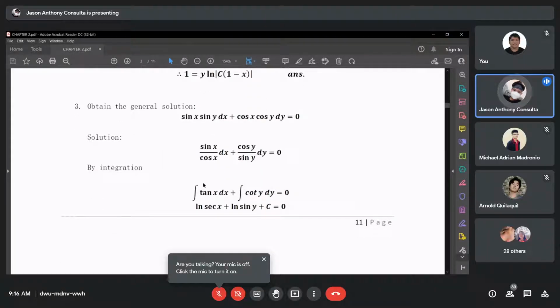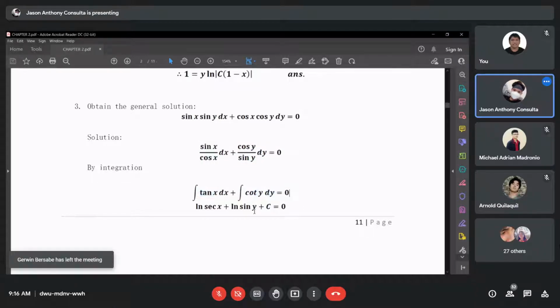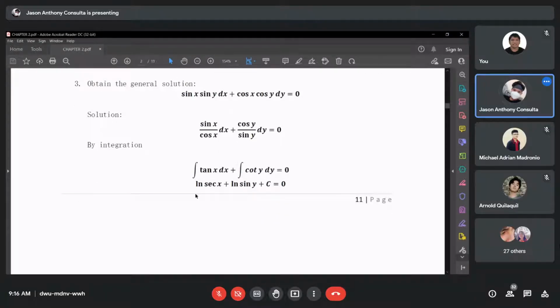So when you simplify this equation to this equation, perform direct integration. The integration of tangent x is the natural logarithm of secant x, plus the integration of cotangent y, which is the natural logarithm of sine y, plus c. Okay?